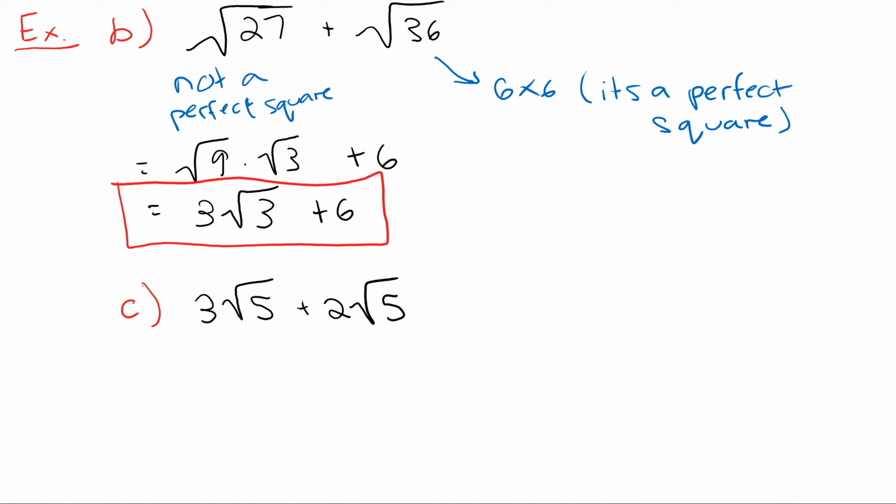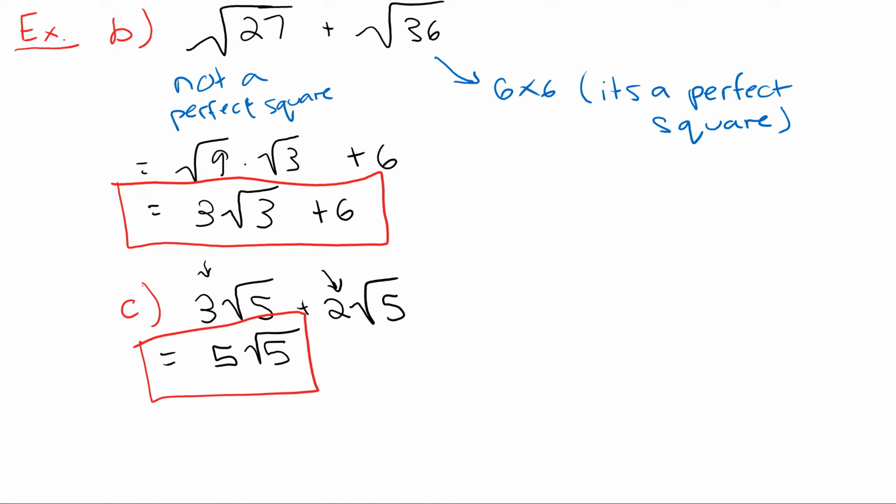And because, as we mentioned before, whenever something has the same radicand, in this case the radicand is 5, they are like radicals, we can just add them together normally. So basically the front two terms are what we're going to be adding. The radicand is going to stay the same, so 3 plus 2 is 5, and then the radicand stays the same, so it's 5 root 5, and that is our answer.